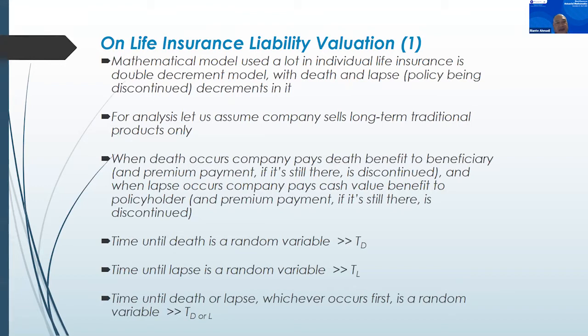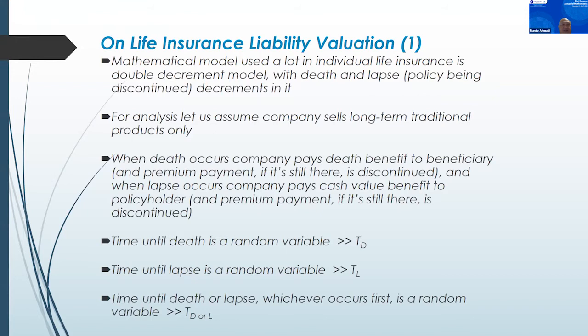And when lapse occurs, the company will have to pay what we call the cash value benefit to the policyholder. There is no death, of course, so we pay the cash value benefit to the policyholder. Again, the policy is terminated, not continued, so the premium payment is also discontinued.